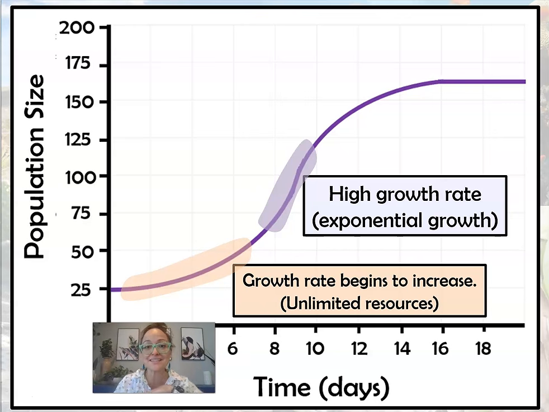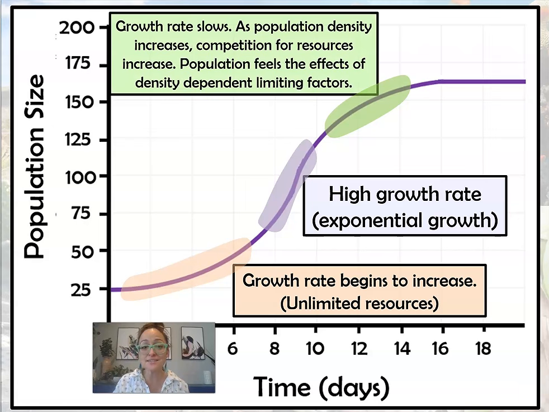However, as the plants begin to take hold within that forest, any new seedlings that start to germinate have already existing plants. So competition for space is going to become intense and the growth rate is going to slow. As the population density increases, the population begins to feel the effects of those density-dependent limiting factors, and your rate of growth is going to decrease.